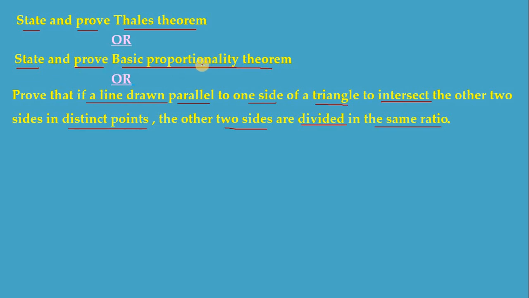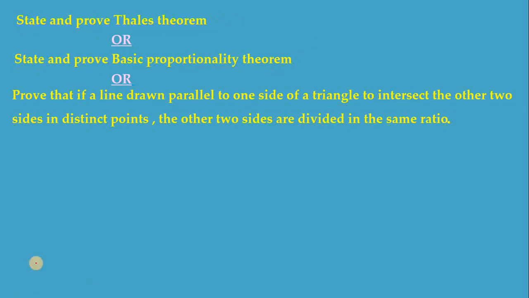The important thing is, whenever they ask to state and prove Thales theorem or state and prove basic proportionality theorem, first we have to write the statement and then proceed to prove the theorem.